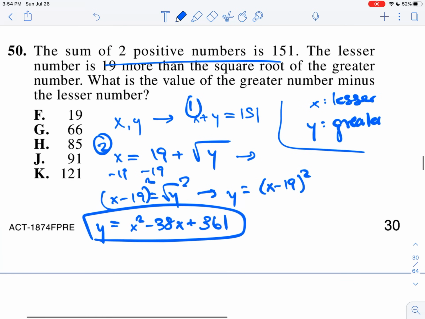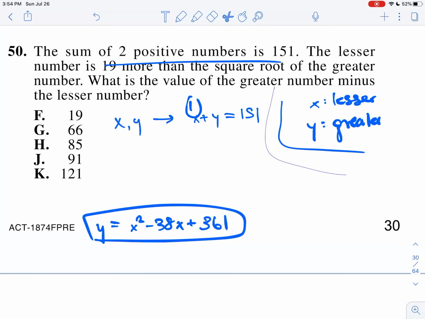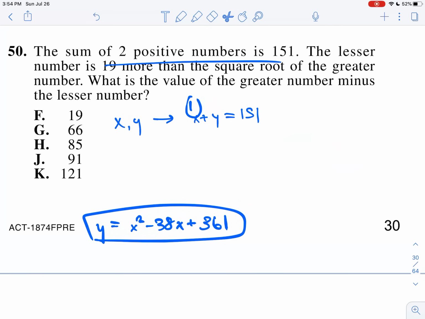So I'm running out of space. So let's do that really quick. And I'm going to get rid of that as well. Okay. So equation 1. Let's do x plus whatever that y was, x squared minus 38x plus 361. And this equals 151.